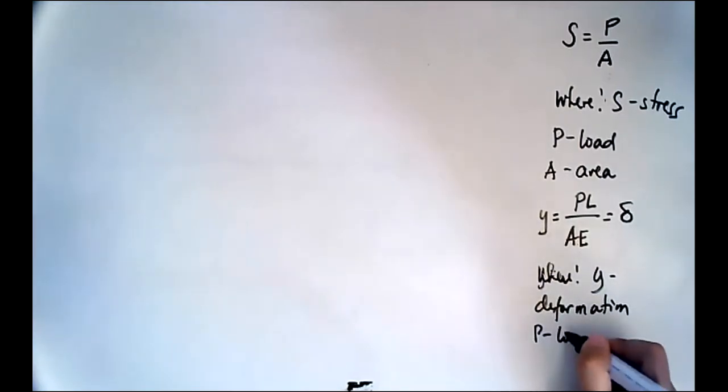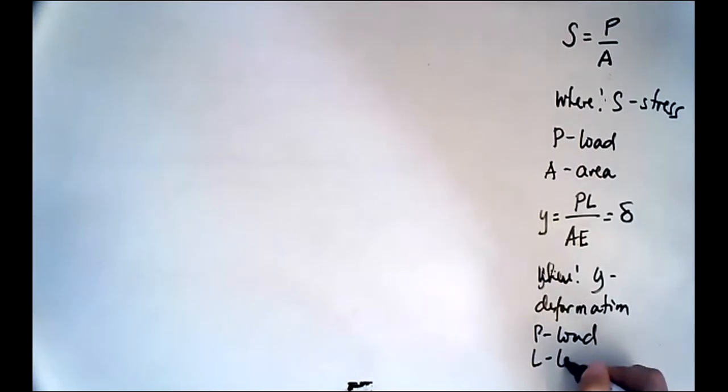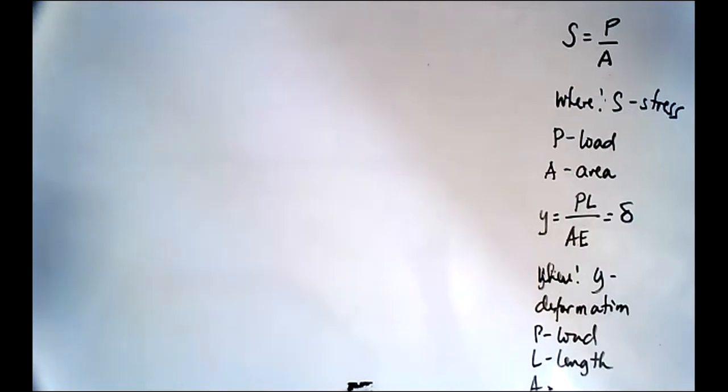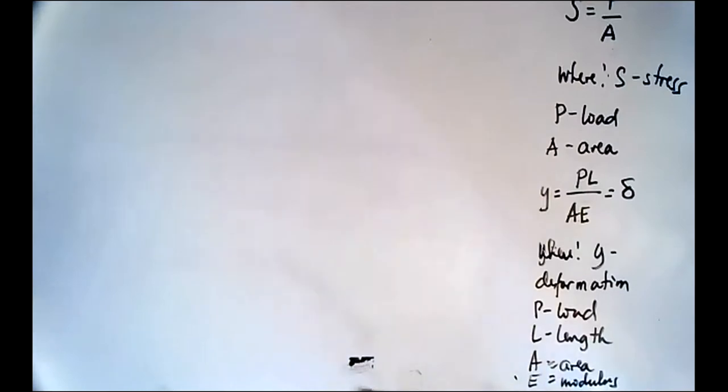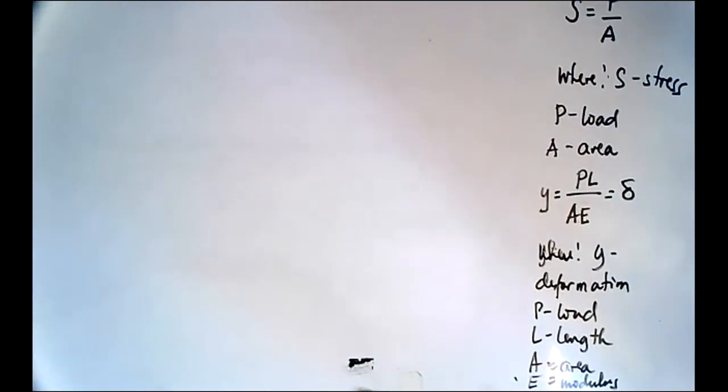P is the load, L is the length, A is for area, and E is for modulus of elasticity. So later on, we are going to apply all of those formulas.